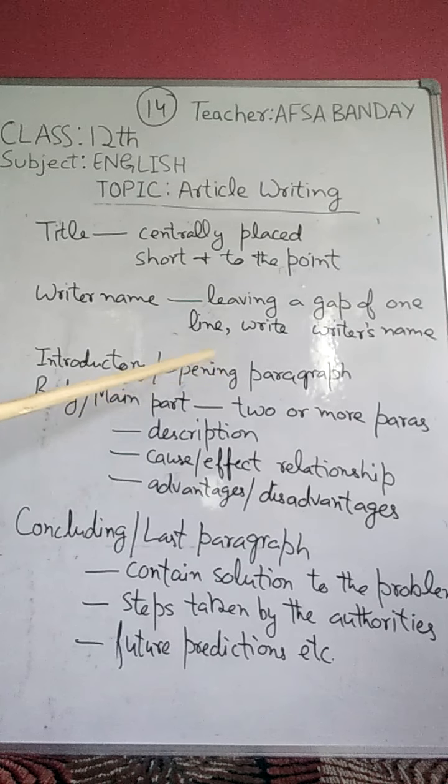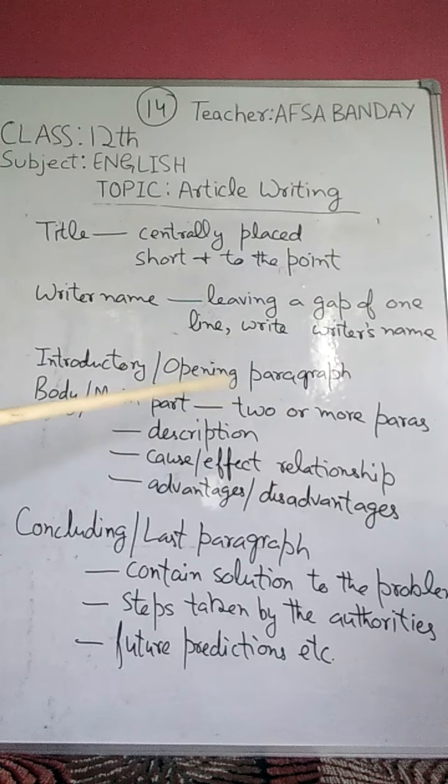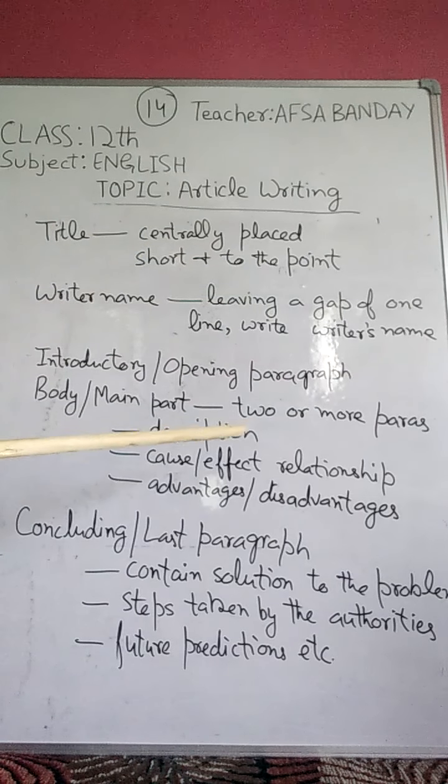Usually it's one short paragraph which highlights or elaborates your title. If you want, you can even start your introductory paragraph with some saying or quotation. And then comes the body or the main part of your article.